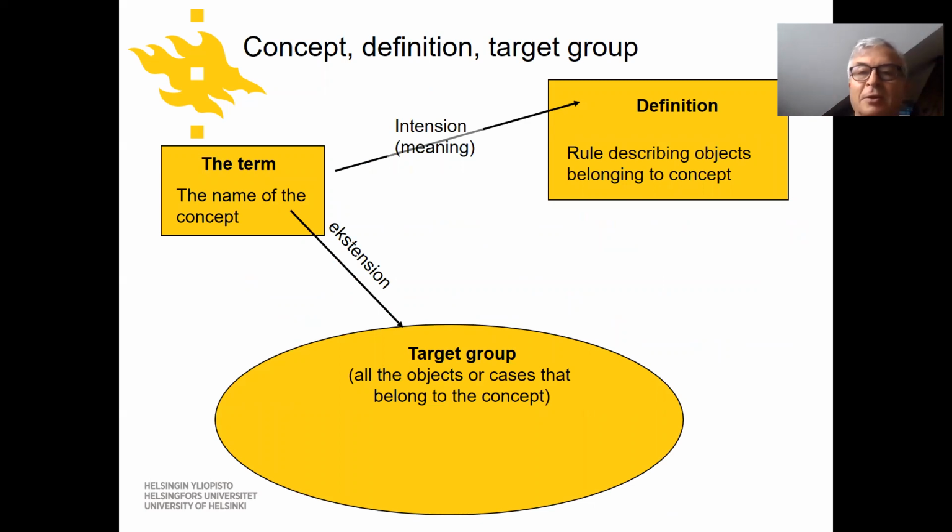So here's my picture of this. You start with some kind of an idea what you are after. You try to define it as well as possible. So you have a rule describing the objects belonging to the concept, which is the intention or meaning of the concept in question.